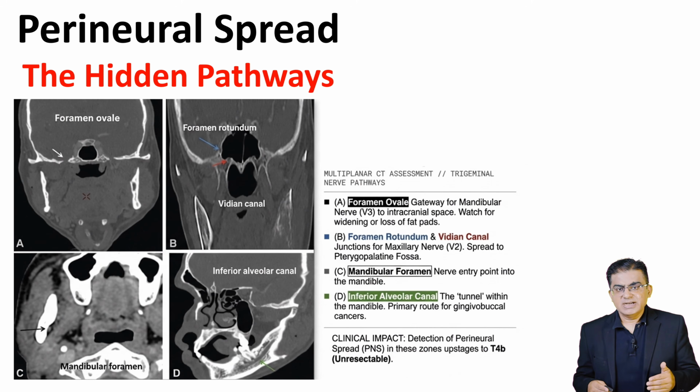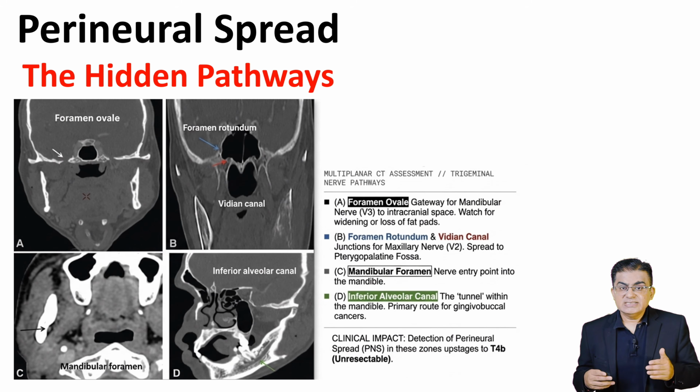For a lower gingivobuccal cancer, the primary escape route is the mandibular nerve. Look at image D on the bottom right. That green arrow is the inferior alveolar canal, the main tunnel running right through the mandible. Follow that tunnel backward to image C, where the black arrow shows the mandibular foramen, the exact entry point into the jaw.